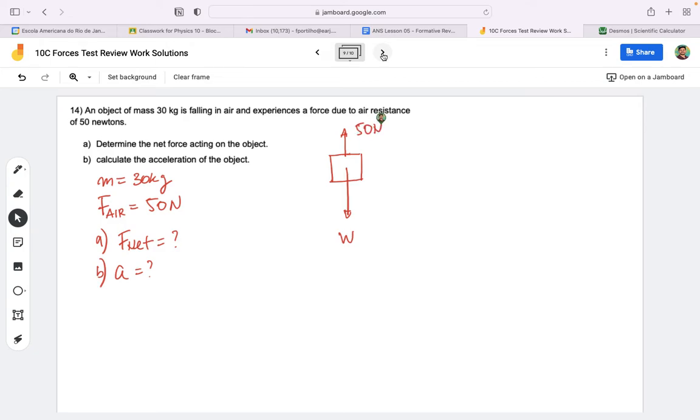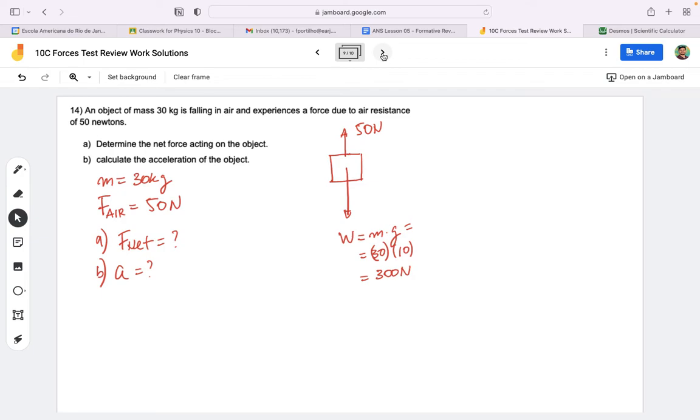The weight is calculated by mass times acceleration due to gravity, so the weight is given by 30 times 10 meters per second squared. That gives us 300 newtons. So that's what the weight is equal to.